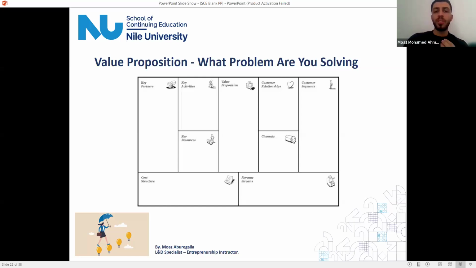Value propositions define the unique value your product or service offers to customers, and explain why customers should choose your solution over other competitors.